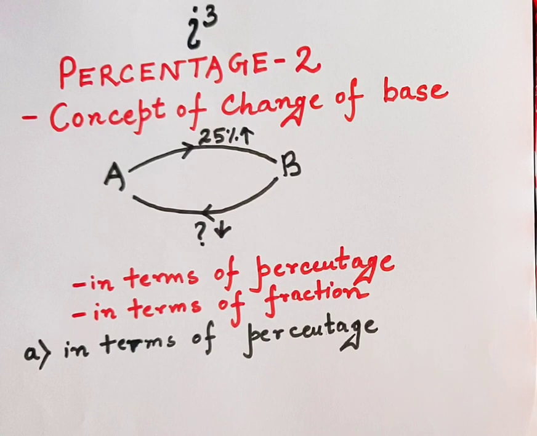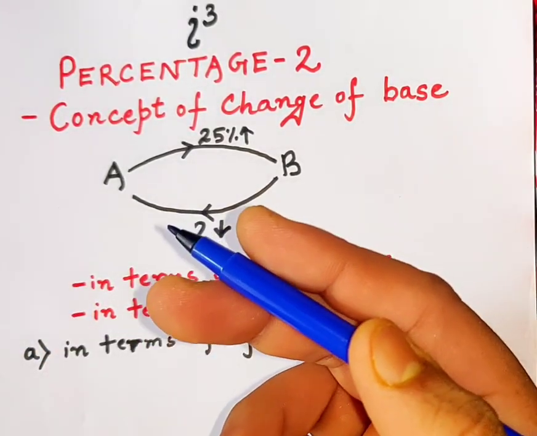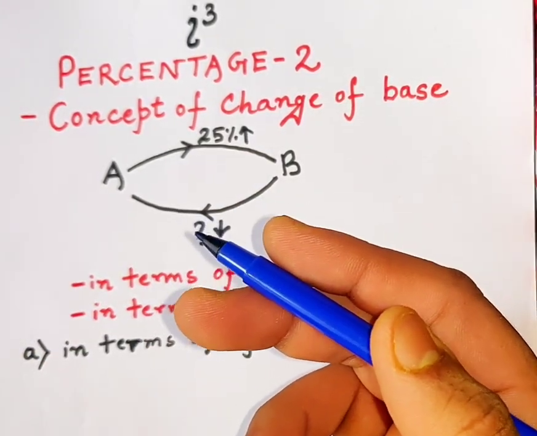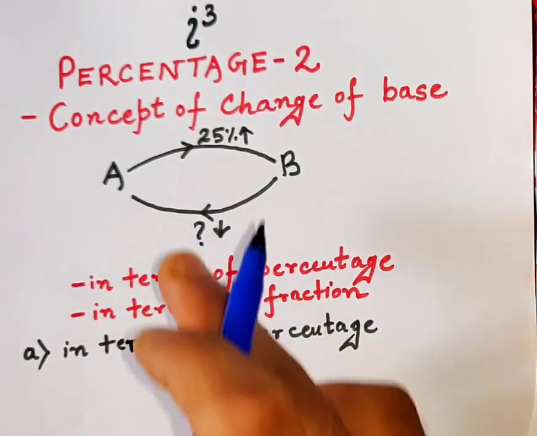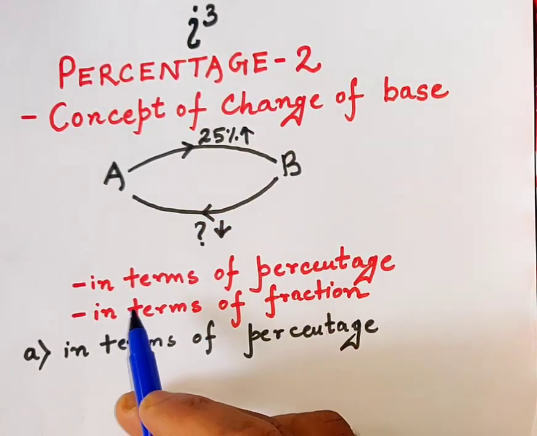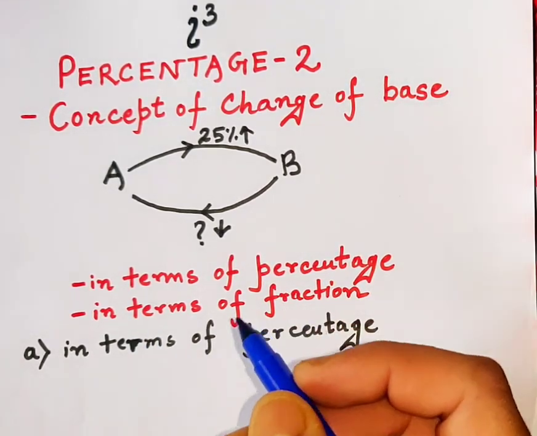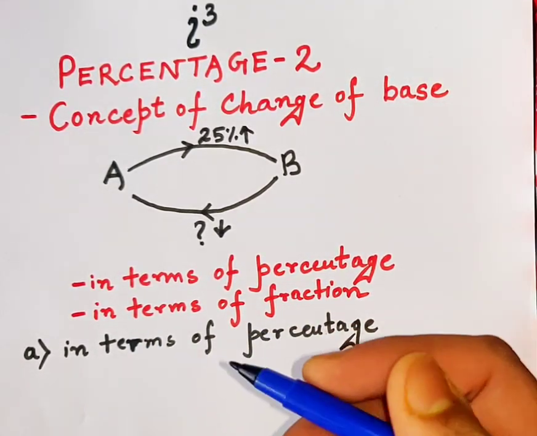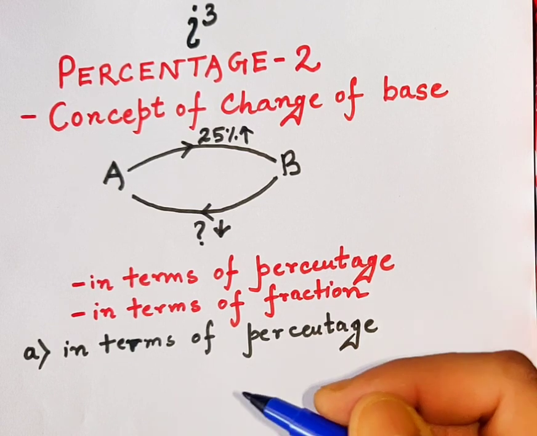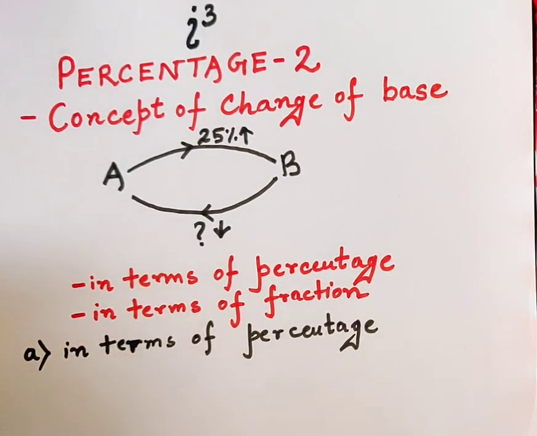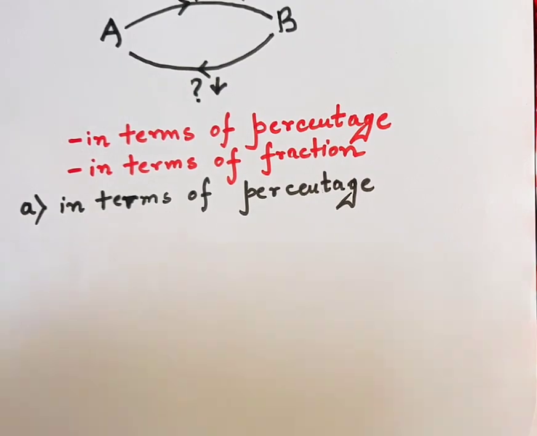So how do we solve these types of problems, or use this to speed up the calculations in various problems? This can be done in two ways: one in terms of percentage, one in terms of fraction. Both methods we will see, and where it is handy to use which process, that also we will look at. So first let us see in terms of percentage.